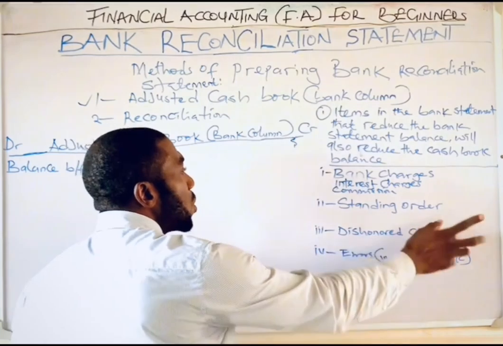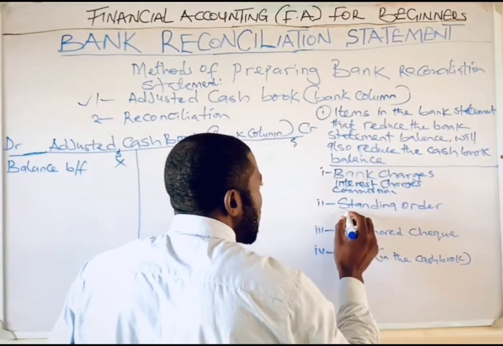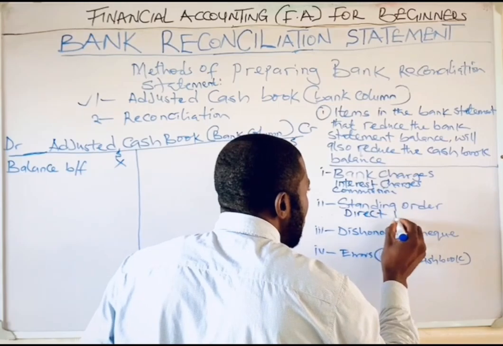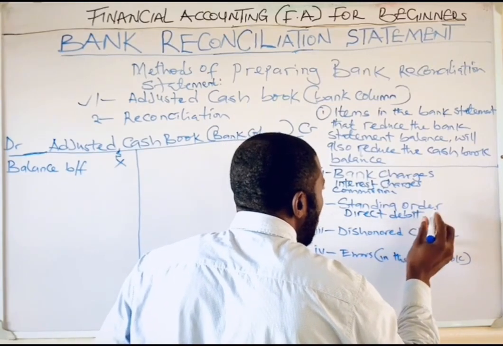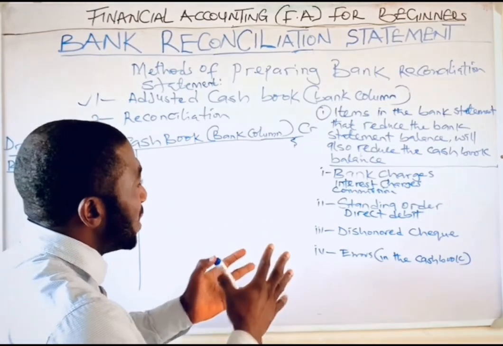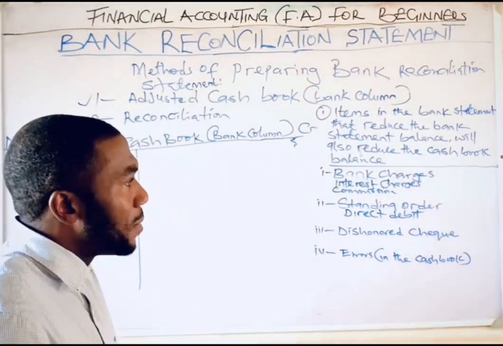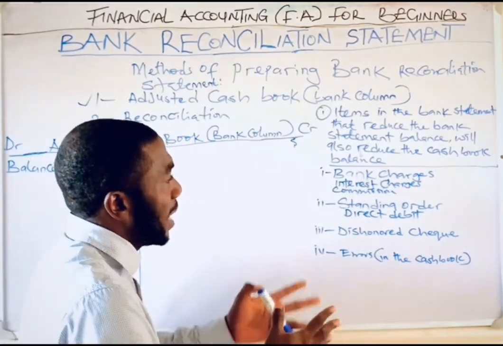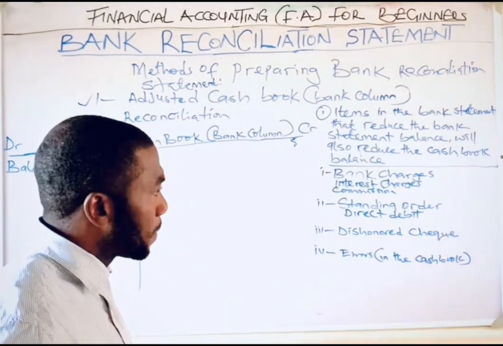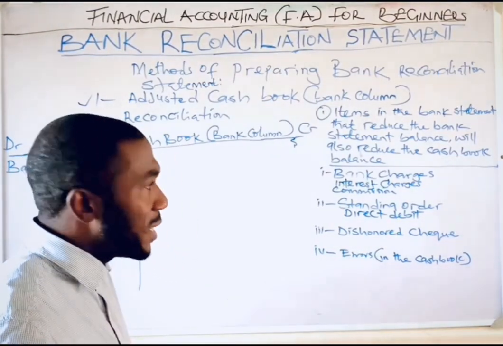So standing order, we can also use direct debit, and the rest. All is the same, but the examiner might choose to use different terms, standing order, just to confuse you. Direct debit is the same thing, or debit transfer.